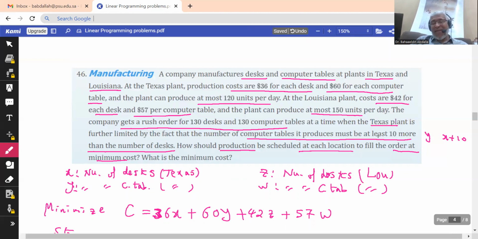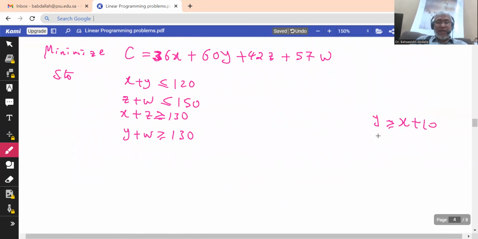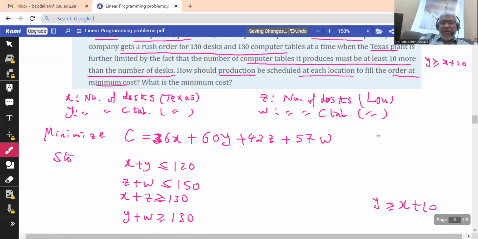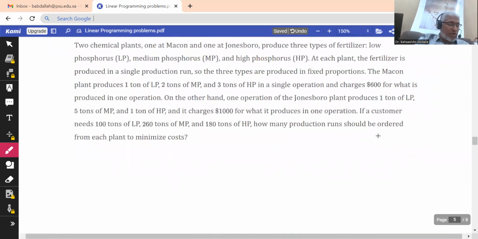So Y should be at least X plus 10, greater than or equal to X plus 10. So this is the constraint: Y should be greater than or equal to X plus 10. If you want to write it like this, I can take X to the left-hand side and write it as negative X plus Y greater than or equal to 10. And this is the problem. We can put it in Excel and find the solution.